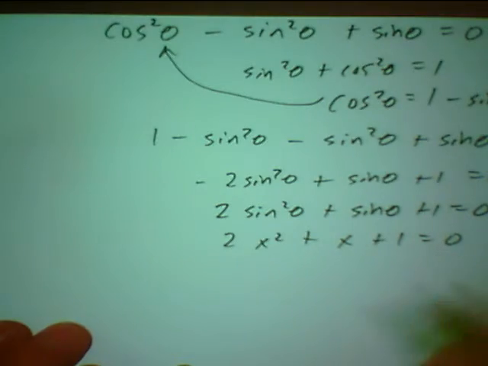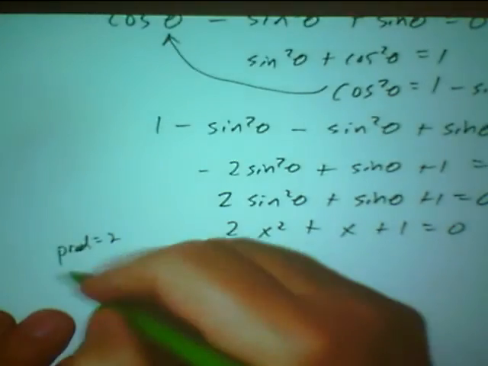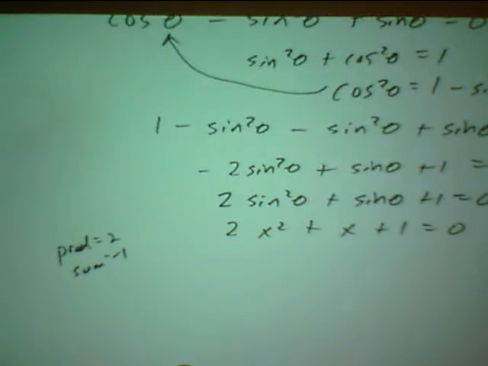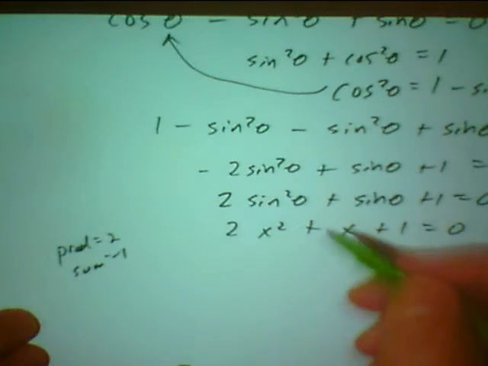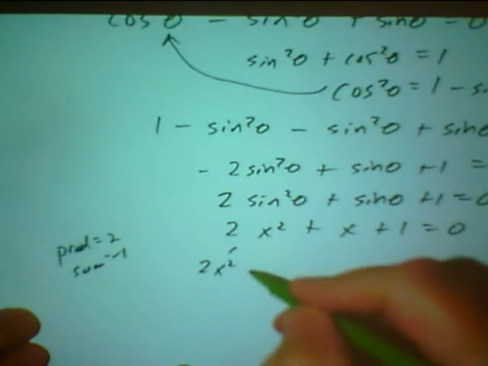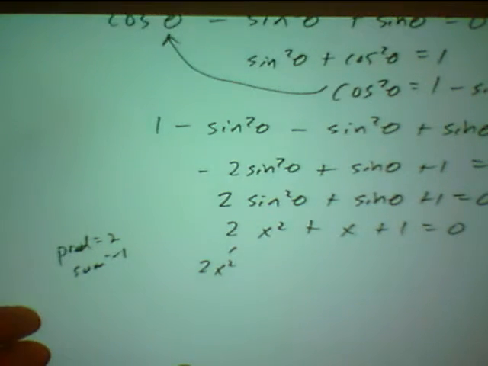If I think about this, my product is going to be 2. My sum is 1. I guess it's 1 times 1. So I have 2x squared. Oh, I messed up on these signs.